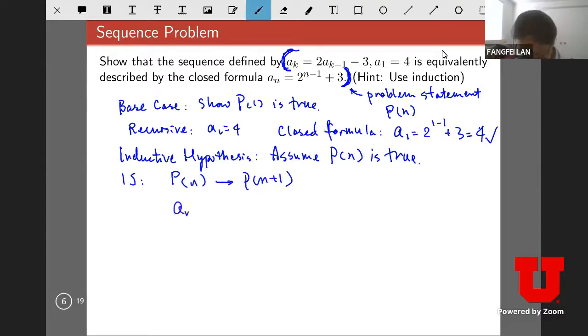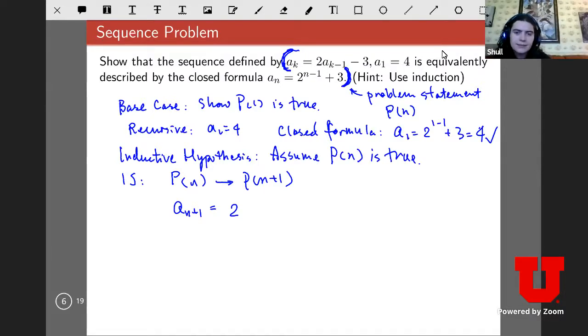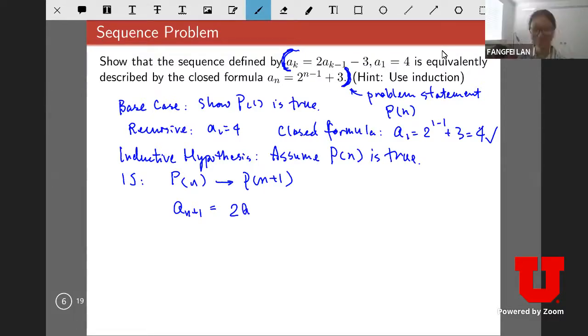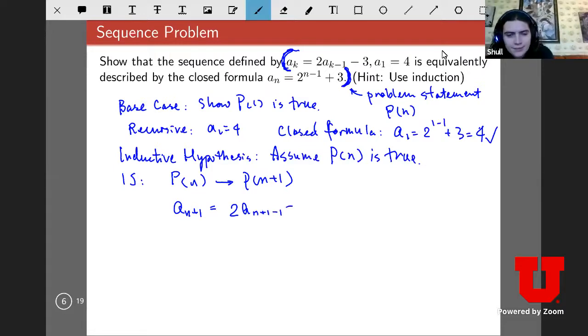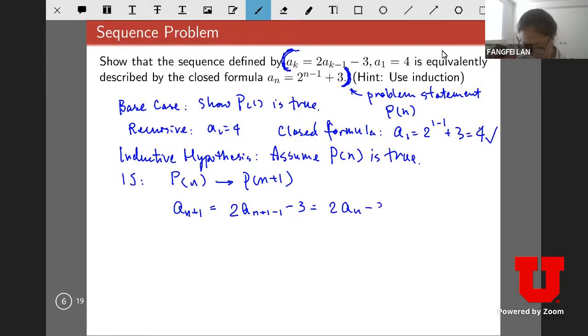So we have A(n+1) is equal to 2 times A(n) minus 3, where the exponent is n plus 1 minus 1.